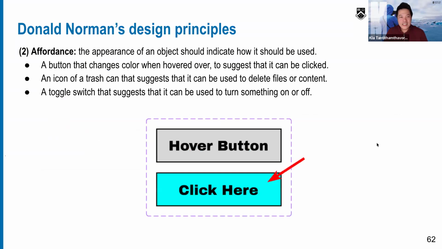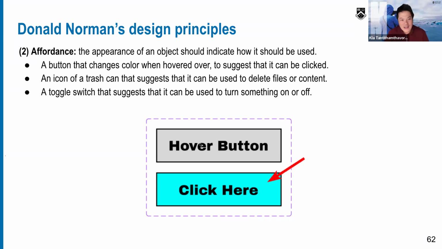Affordance: the appearance of an object should indicate how it should be used. For example, a button that changes color when hovered over suggests that it can be clicked. Let's say I move my mouse over the button, and if there is no action or response at all, is that a click button or what?